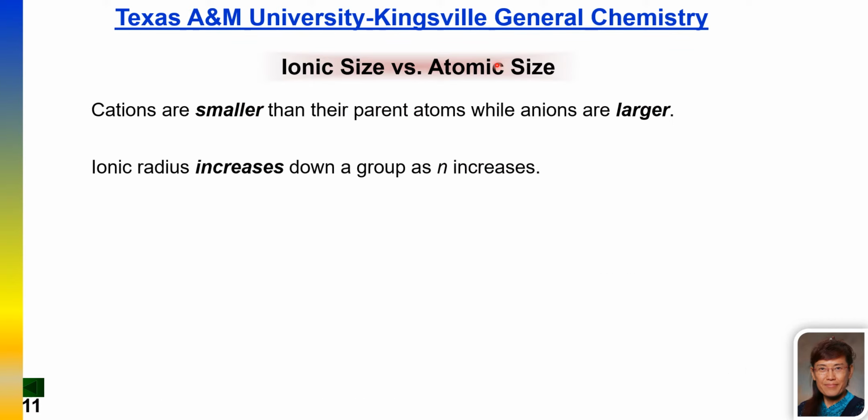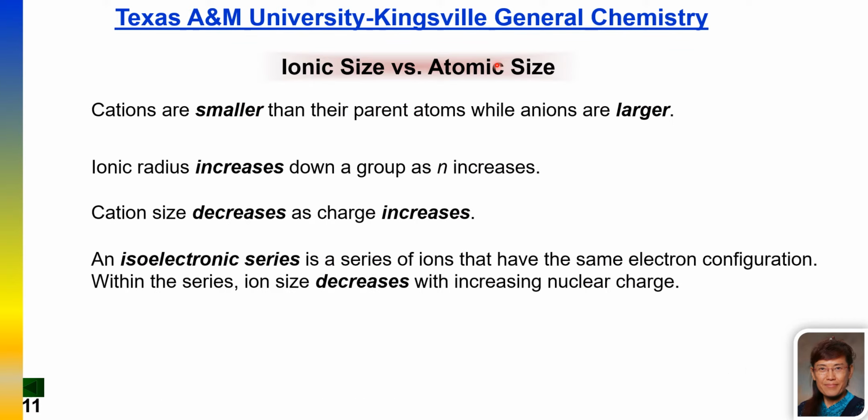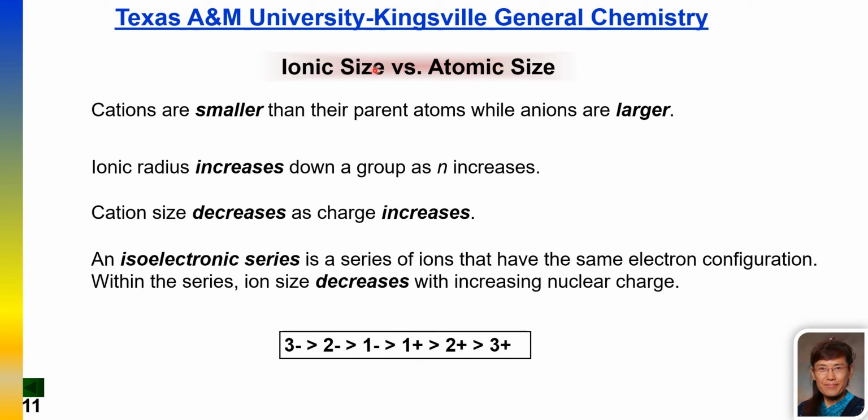And then the last point, actually we do have 2 more points. So we also have some sides which they are for the ions. First one, if you have cations, meaning losing electrons, those cations have a smaller size compared with their parent atoms.